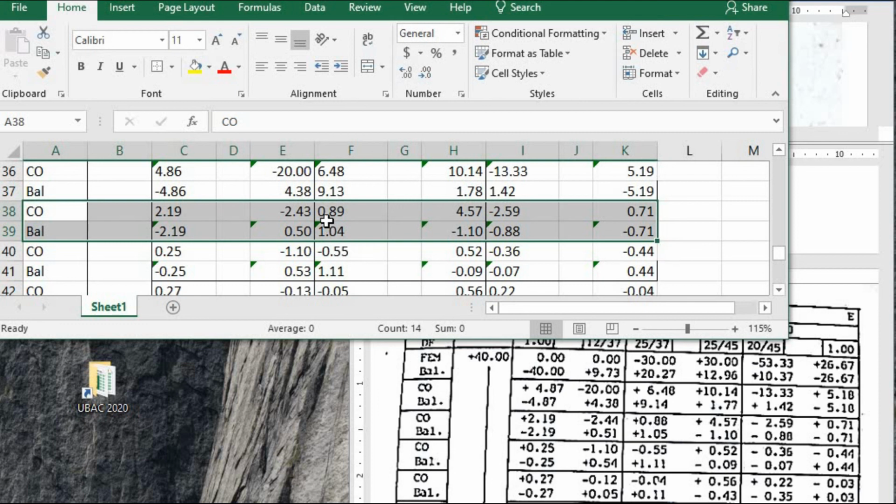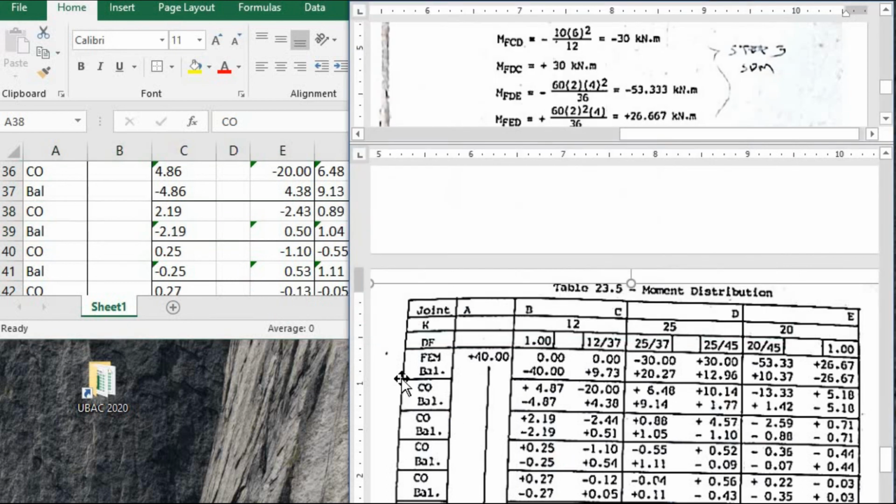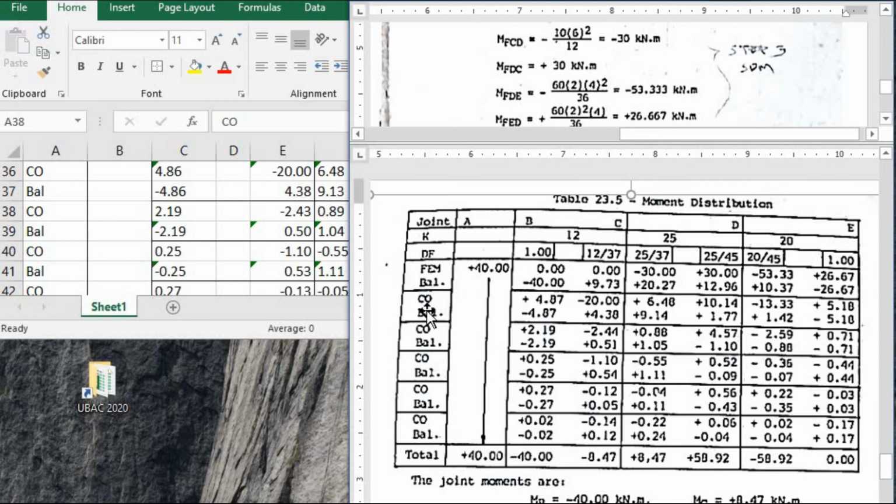Almost the same. Only the decimal places differ. 4.57 and 1.1, 259.88, 0.7171. And then, let's compare with the first, second, third, fourth, fifth, sixth cycle.